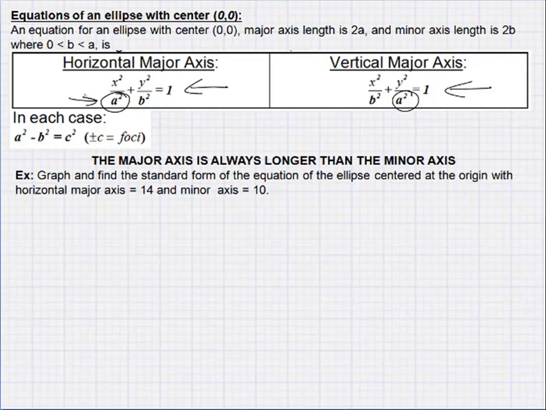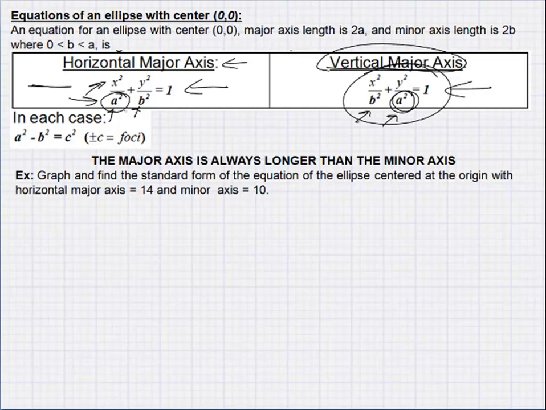A is under the x, so that tells me the x-axis is the bigger axis, therefore horizontal major axis. Here the A is located under the y squared. So A is the bigger axis, A is under y, therefore we have a vertical major axis along the y-axis. This A and this B are those 2 distances we were just discussing. These values from this equation are the distances we were discussing.